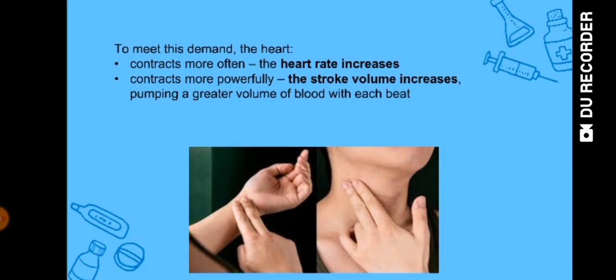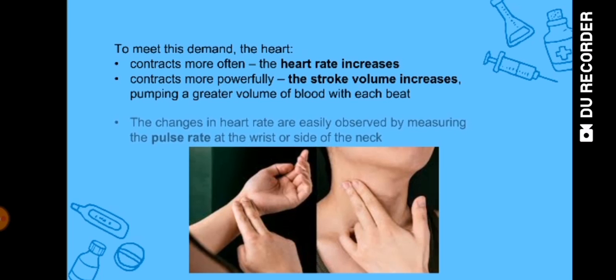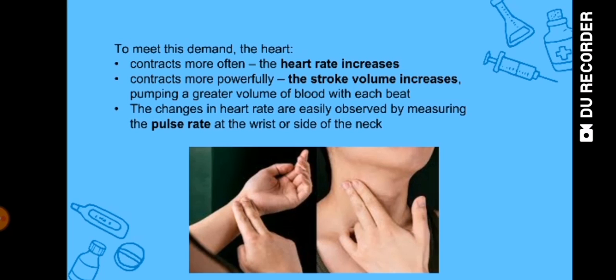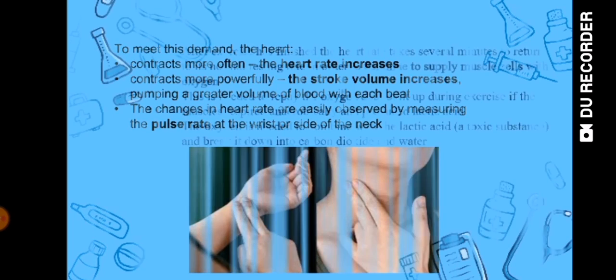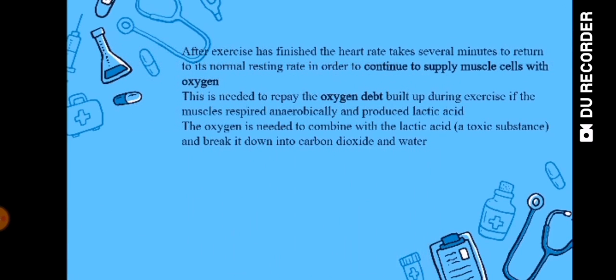So after we finish the exercise, our heart rate takes several minutes to return to normal, to continue to supply muscles with oxygen. This is needed to repay the oxygen debt built up during exercise if the muscles respire anaerobically and produce lactic acid. The oxygen is needed to combine with lactic acid and break it down into carbon dioxide and water.